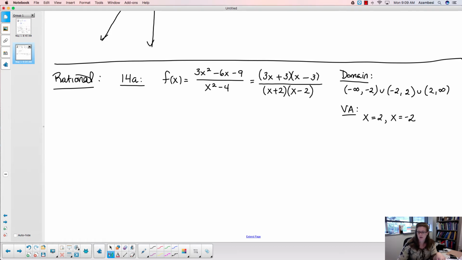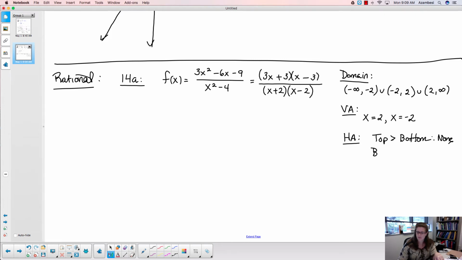For your horizontal asymptote, you have your three rules of your rational functions. So if the top is greater than the bottom by degree, then you have none. You could have an oblique if the top's greater than the bottom by 1.